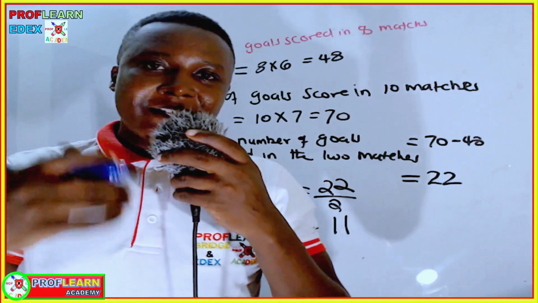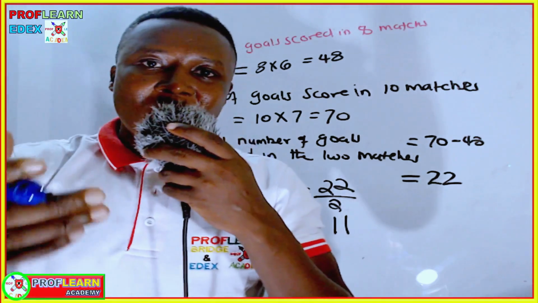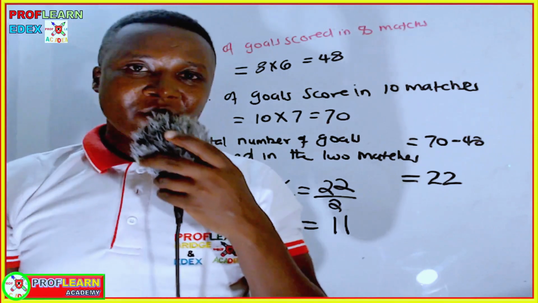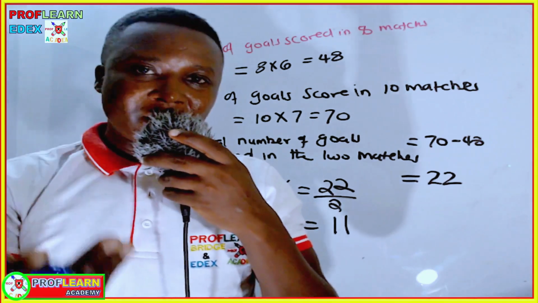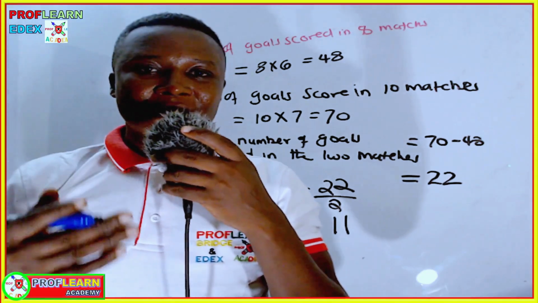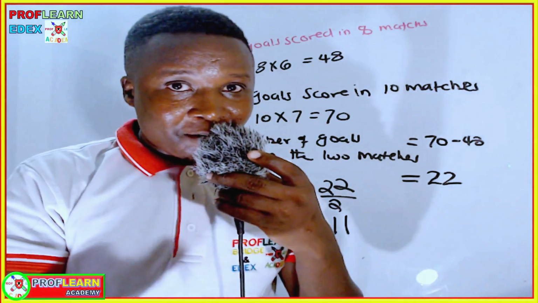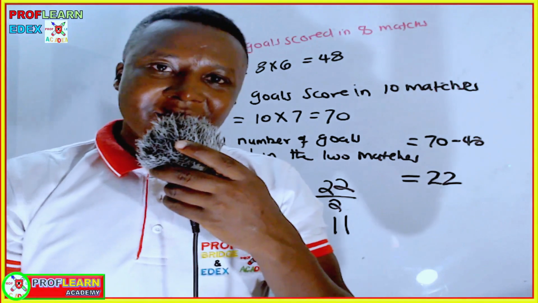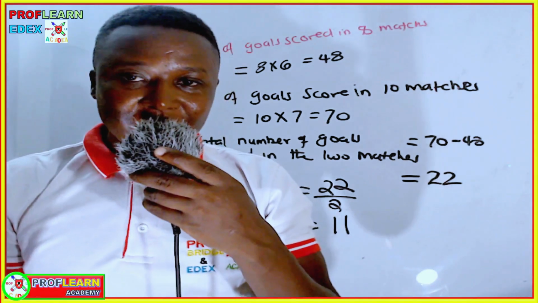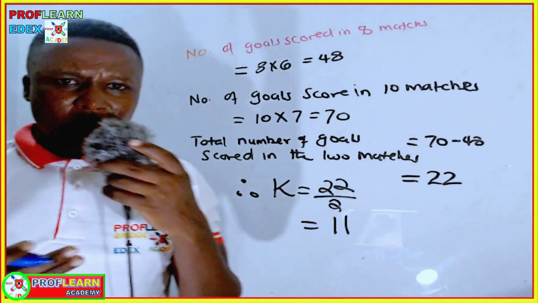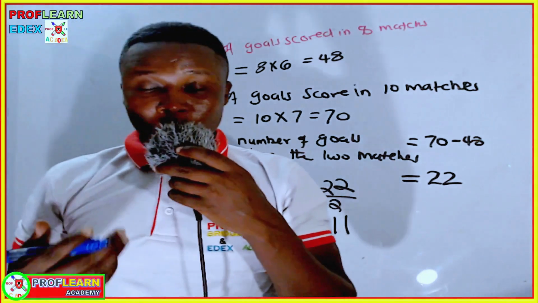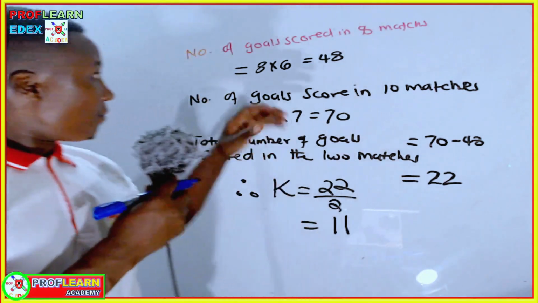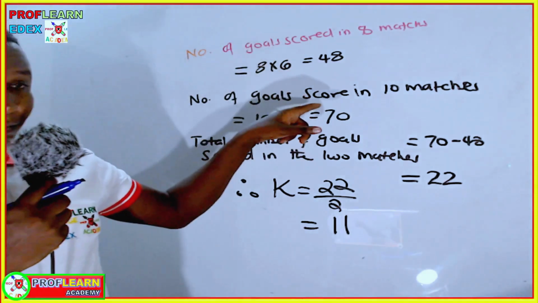Then the student sits for another 3 tests or 2 tests, depending on the way the question is asked, and you are also given the mean. Then you are asked to find the marks scored in the next tests. So depending on the way the question is asked, you'll be in a position to answer if you've understood this.